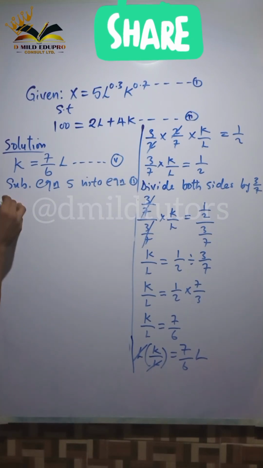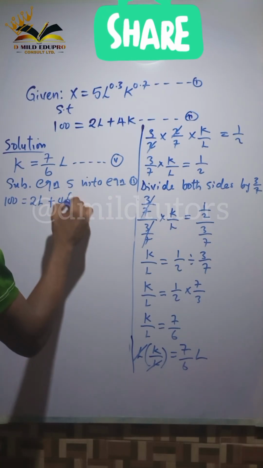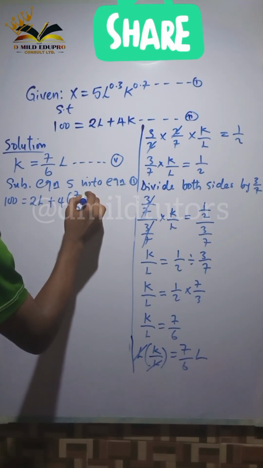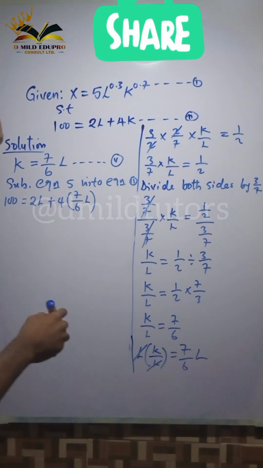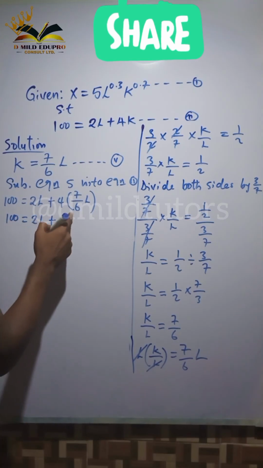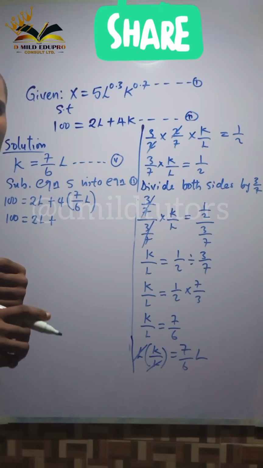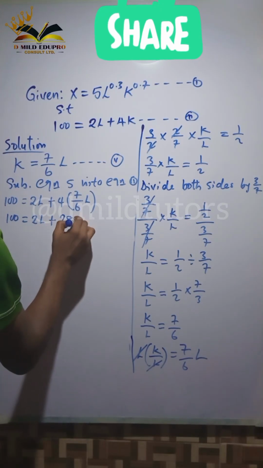So we say 100 equals 2L plus 4 into bracket 7 over 6 L. All right, so that is what you're going to get. We can simplify this to be 100 equals 2L plus 4 times 7, that will give you 28. So we have 28L over 6.